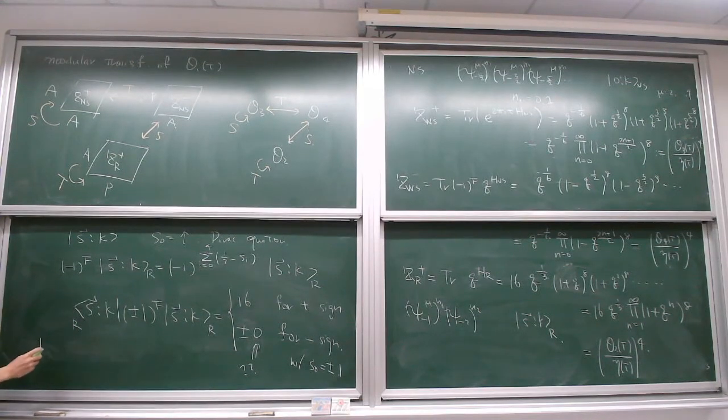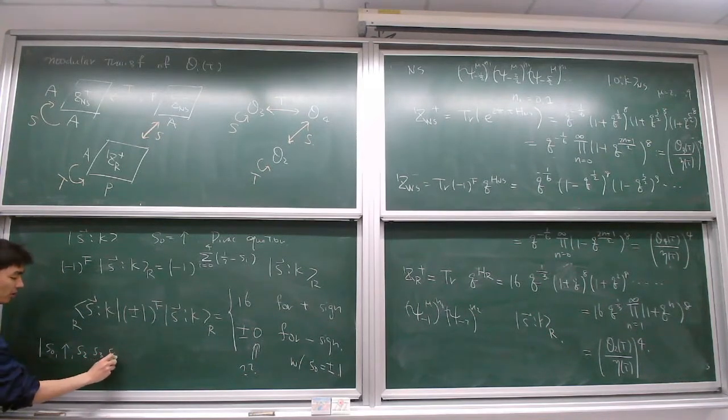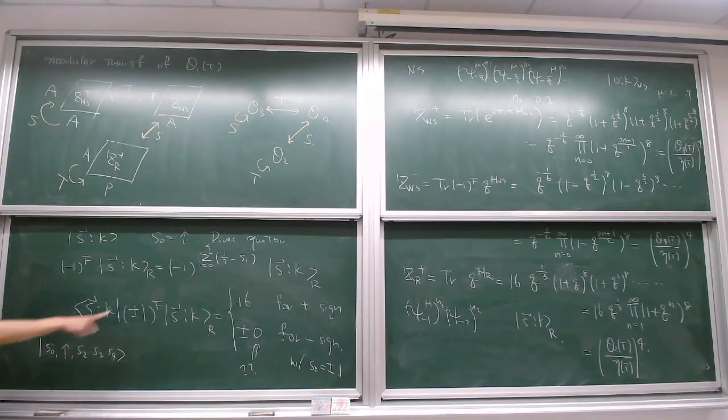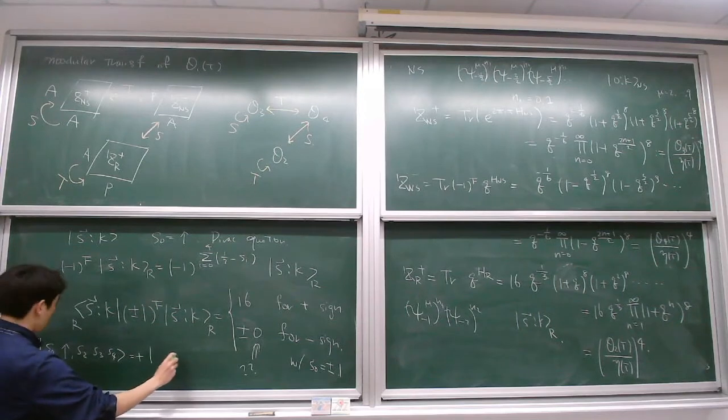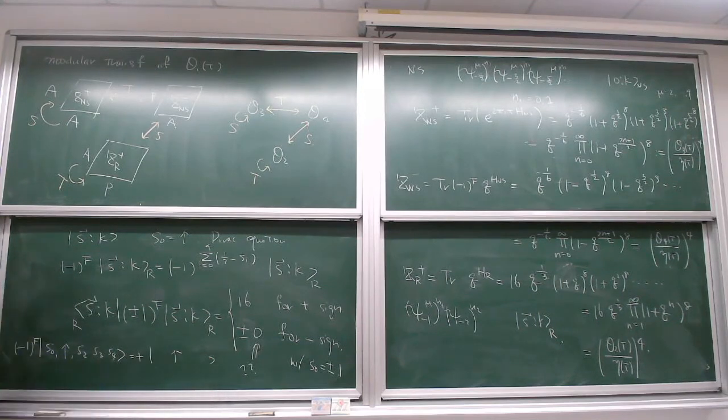So if you have whatever S0 and S1 is plus, and some S1, S2, S3, S4, this will give +1/2, so (-1)^F is indeed the same thing.